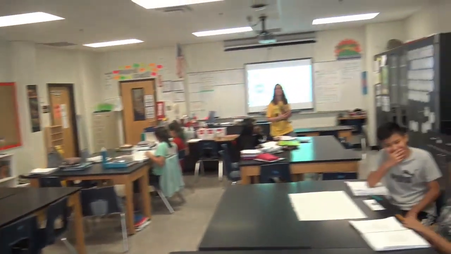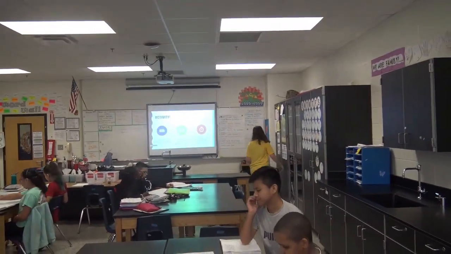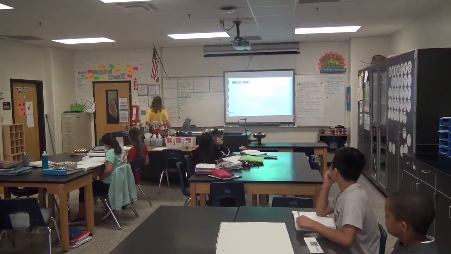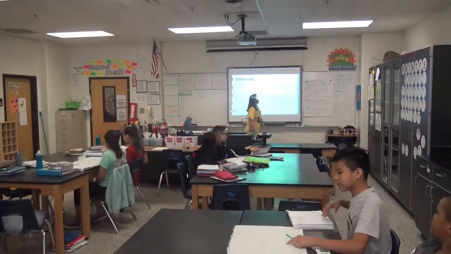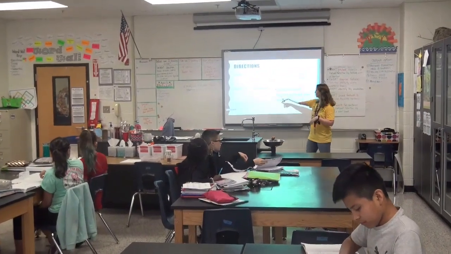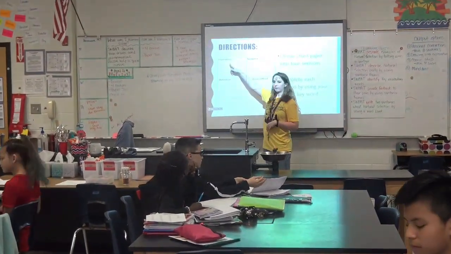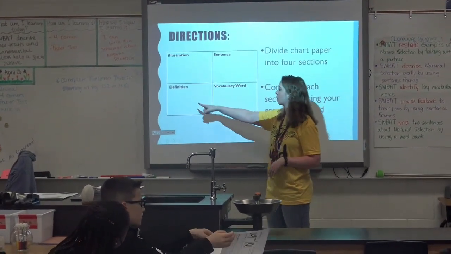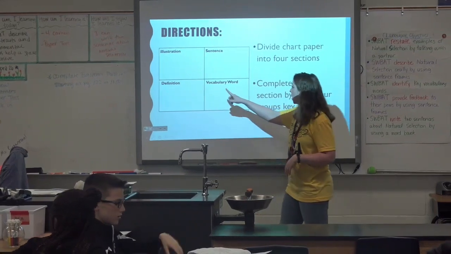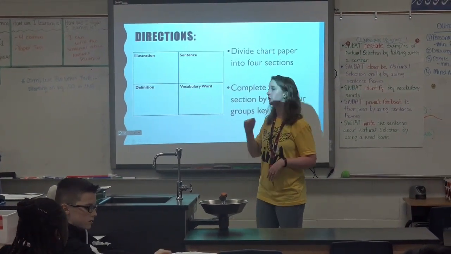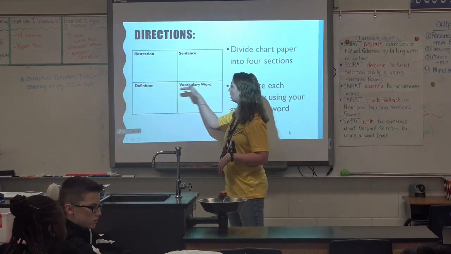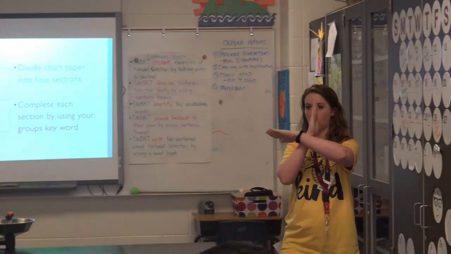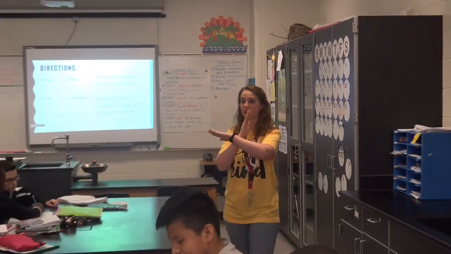Okay, so let's go ahead and let's look at what we're going to be doing with our chart paper. Okay? So, we are going to divide our chart paper into 4 sections, just like right here. We're going to title our first section illustration, our second section sentence, our third section definition, and our fourth section vocabulary words. So those are going to be our titles for our chart paper. So let's go ahead and quickly divide into 4 and put our titles in our sections.